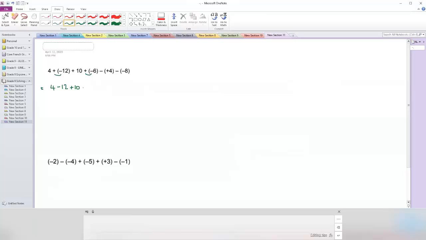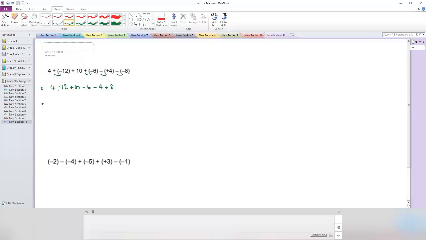That means they are different, so it's going to be negative 6. Negative and positive, again, double sign. It will give me negative since they are different signs. And after that, negative and negative, they are the same sign, so it will give me positive 8. Now, I can combine everything.